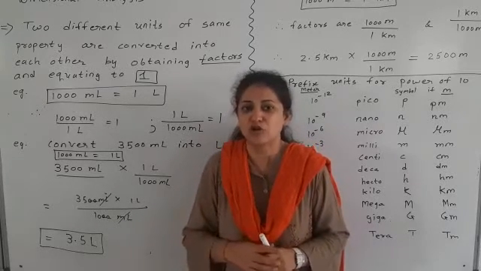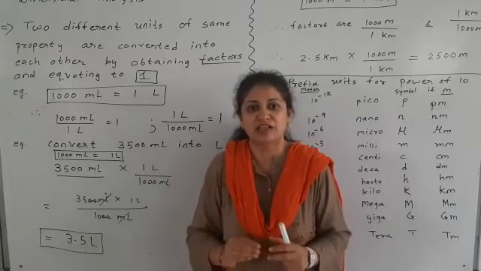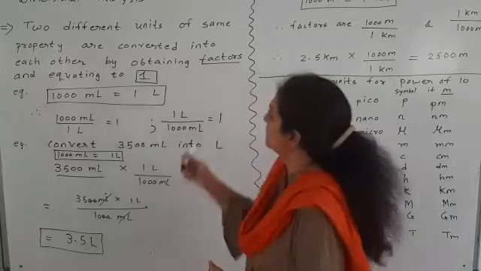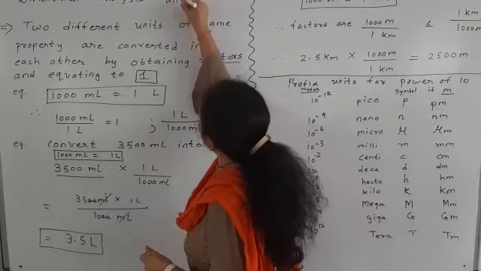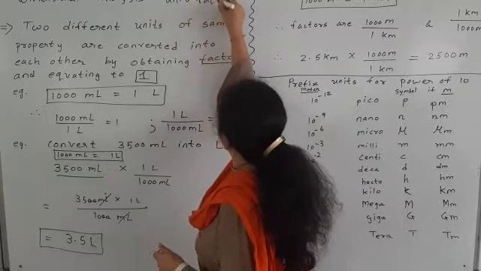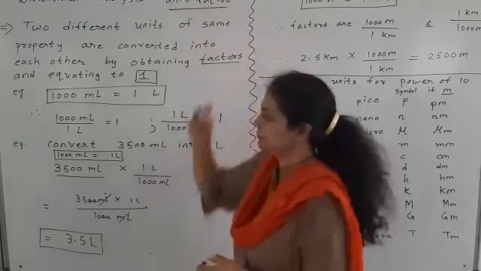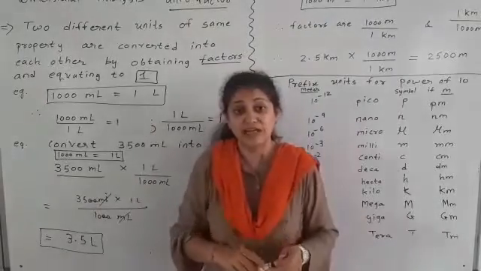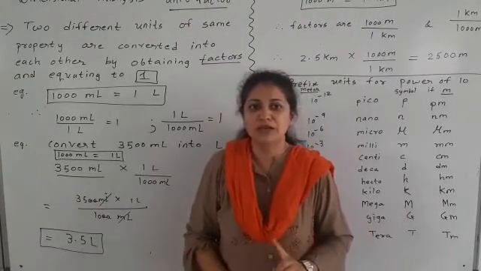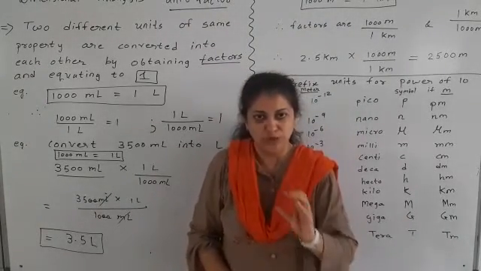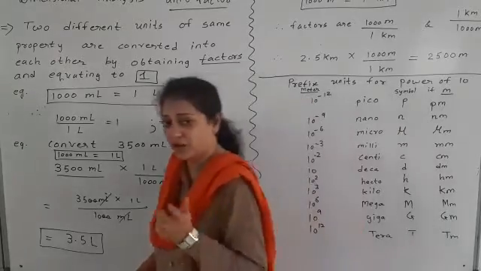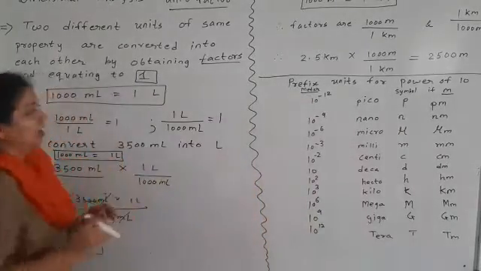So this method is also called the unit factor method, because we are equating it to 1, and 1 means unity. Now let us take an example.